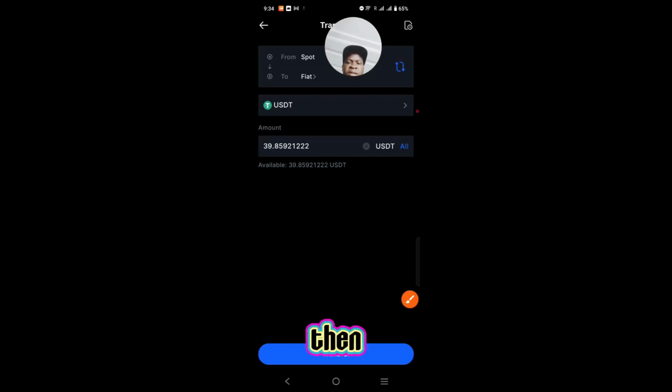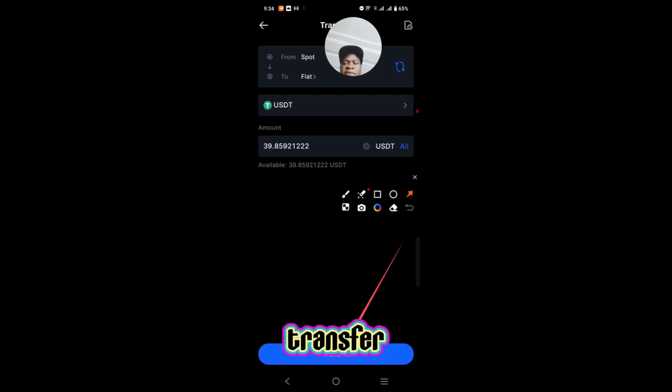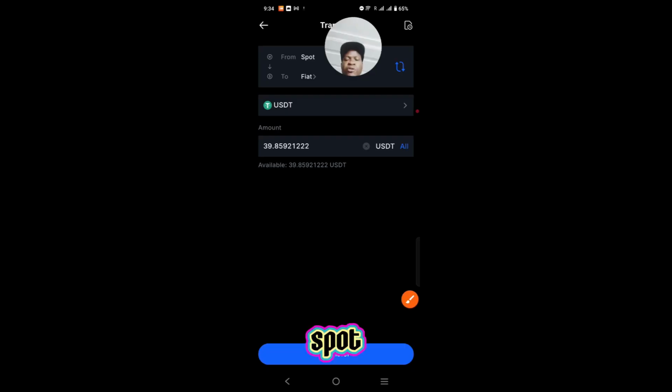Once you tap on it, then you click on transfer. The moment you click on transfer, it's going to be moved from spot to fiat, right? Then you'll be able to sell it on the P2P market.